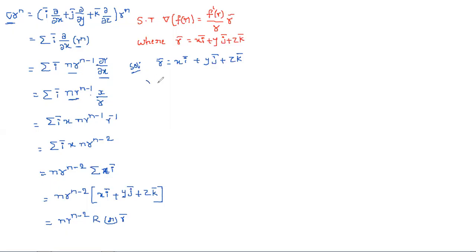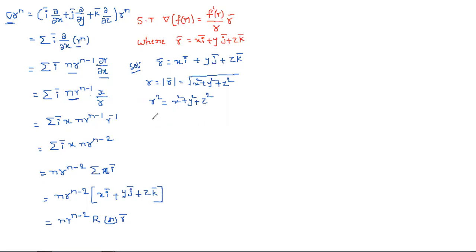And next immediately you can calculate the magnitude for this. R is equal to mod r bar is equal to square root of x square plus y square plus z square, right? And then r square is equal to x square plus y square plus z square.